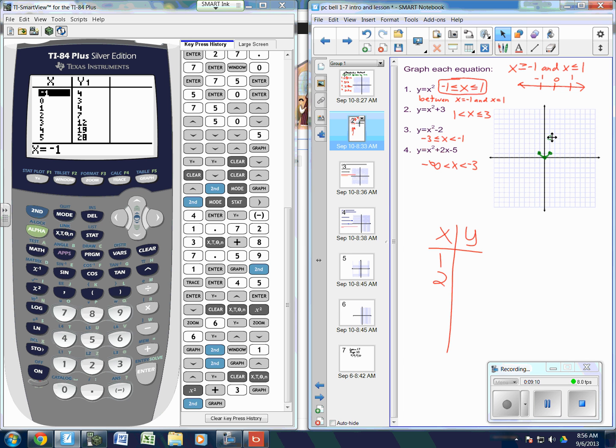So I'm going to go to 3, comma 12. 1, 2, 3, up to 12 would be about right here. And I'm going to have the portion, now remember this is kind of a curve, right? This is part of my parabola from there to there. So that's what my graph looks like so far.